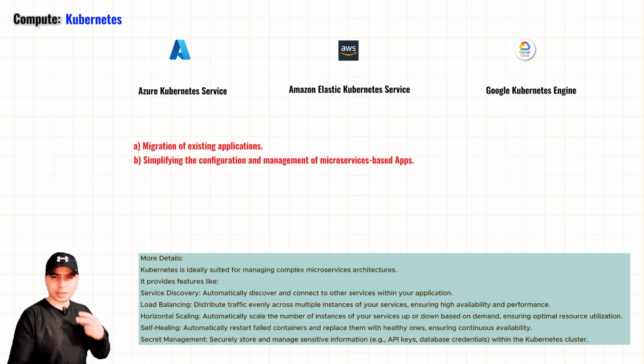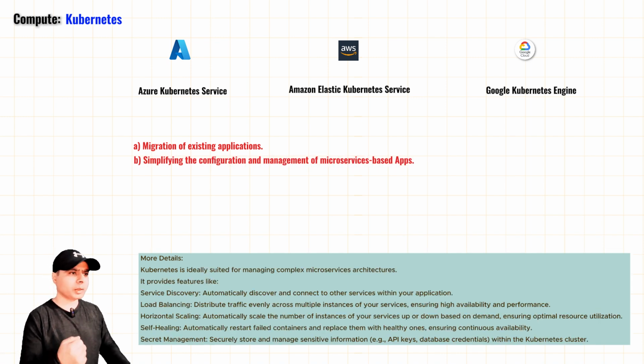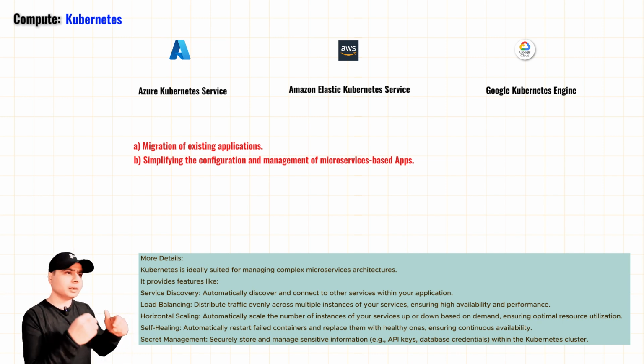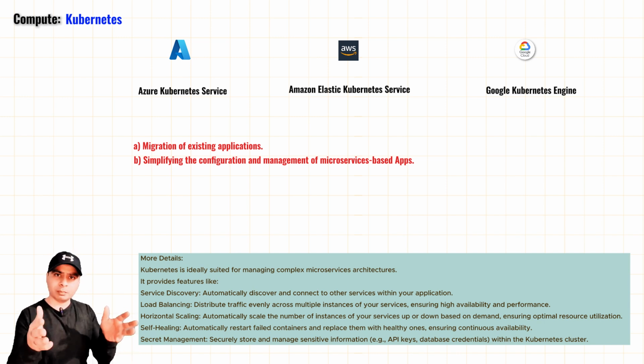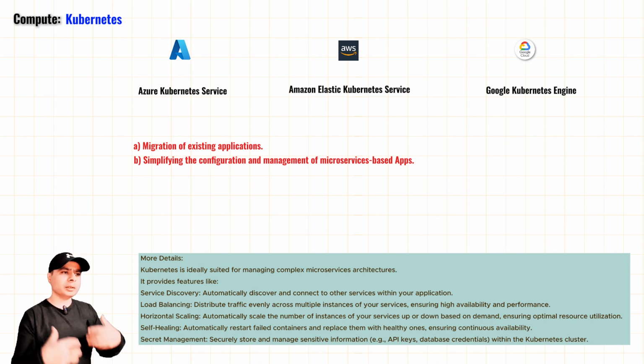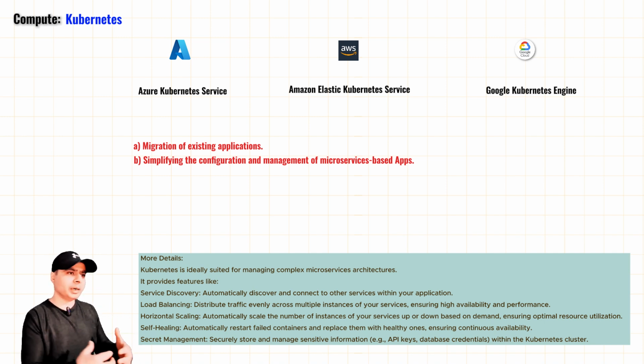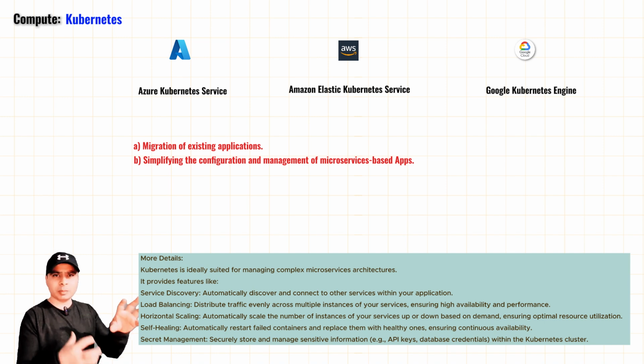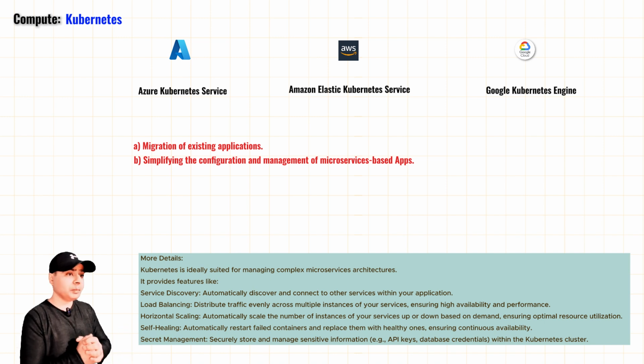Then at number 2, I would like to talk about simplifying the configuration and the management of the microservices based application. And you can simplify the development and the management of the microservices based application and also streamline the load balancing, the horizontal scaling, the self-healing part and the secret management with the Kubernetes services.